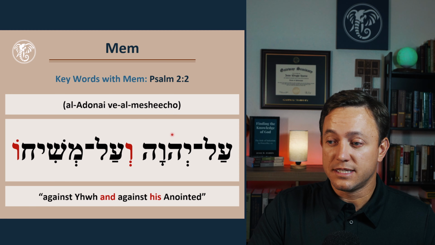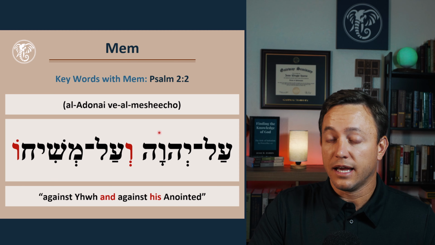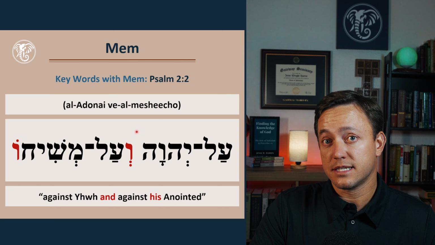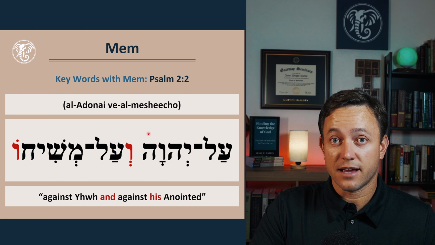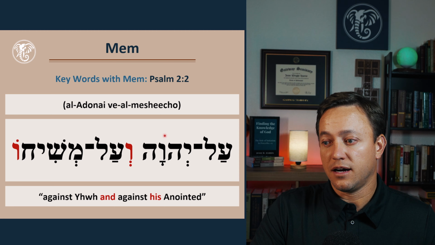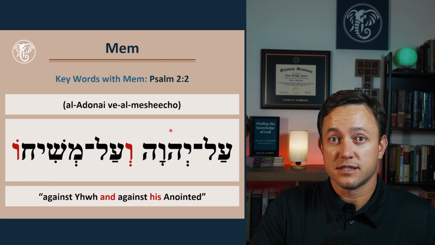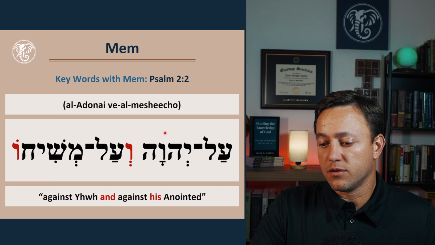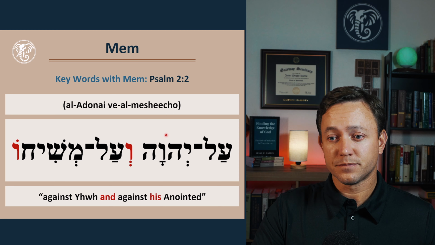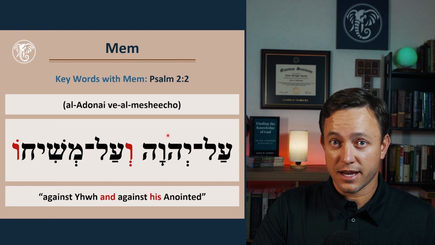So again, to take on the Lord is to take on the Messiah. To take on the Messiah is to take on the Lord. And so, although here they are distinct, there is a sense that they are kind of united in purpose and in will and in a lot of different ways. And so, there's this kind of similar to Jesus' saying, if you recall, that you're either with me or you're against me, right?